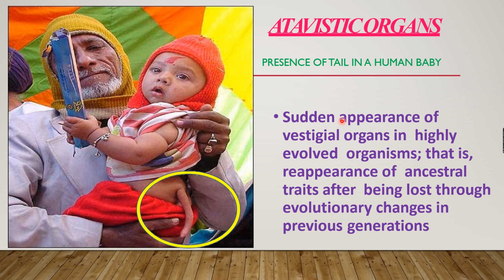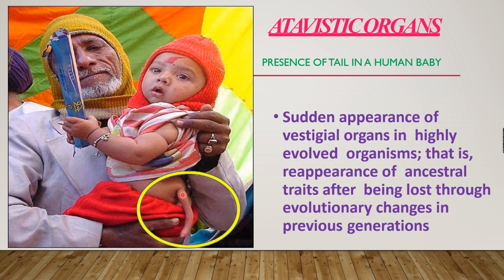It is the sudden appearance of vestigial organs in a highly evolved organism, the reappearance of ancestral characters. First the tail was lost in most human beings. It is not inherited, because from the monkeys, tailless apes appeared. From the apes, human beings evolved, which we'll study in human evolution.